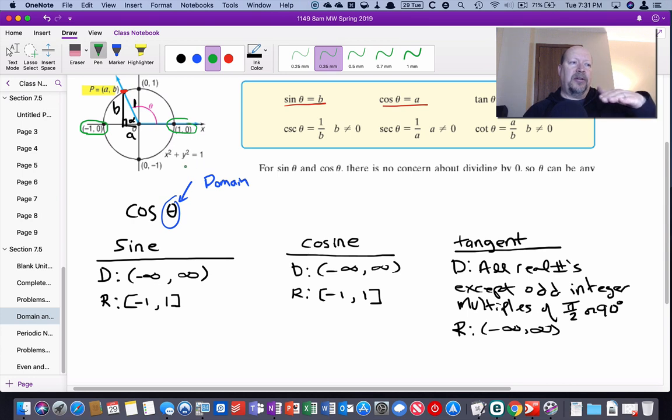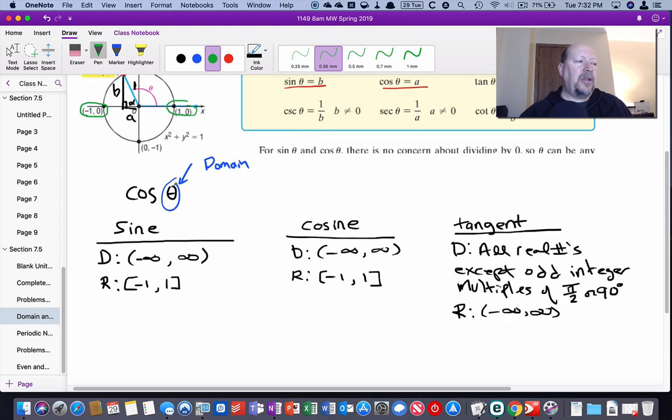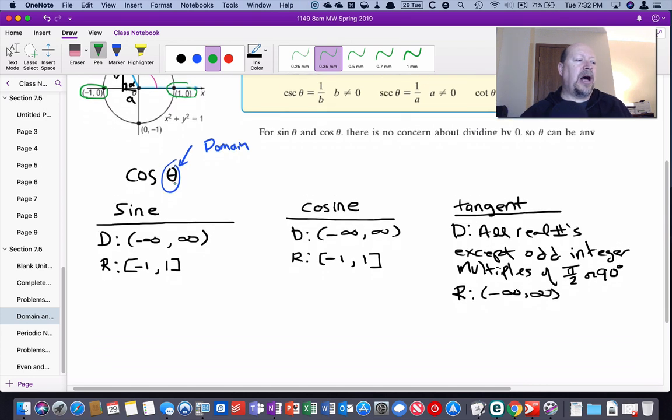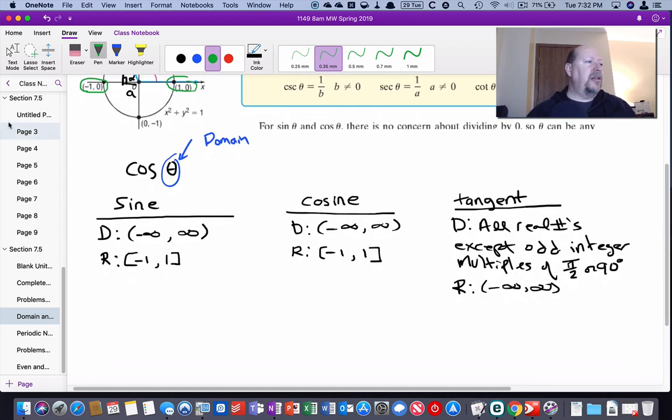So I need to find a way to describe any angle that would put me over there at 0 or at pi. Probably the easiest way to describe that would be all integer multiples of pi, because you could have 0 pi, 1 pi, which would be over at 180, and then 2 pi, which would put me back over where 0 was, and then 3 pi puts me back over at 180. So just integer multiples of pi or 180 would be the exclusions for that.